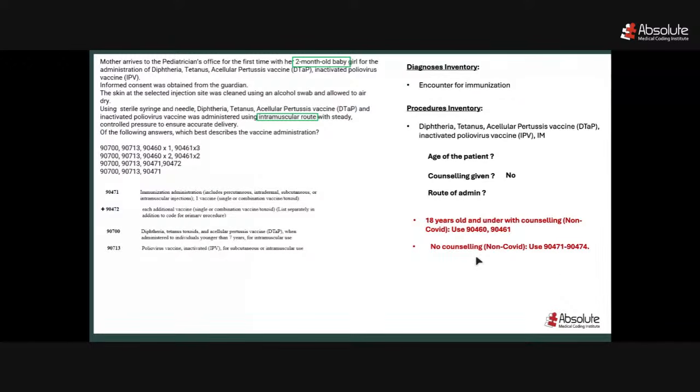Using this guideline, I can eliminate option A and option B. Both are coding for 90460, for which the criteria is that we should definitely have a vaccine counseling, and there was no vaccine counseling given in this scenario. That leaves us with option C and option D.